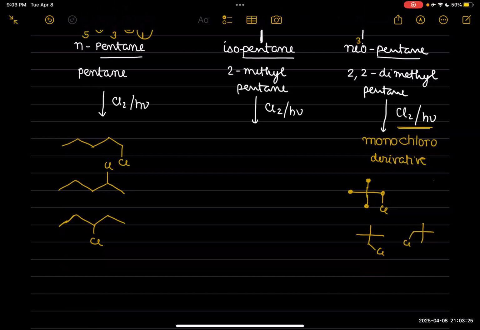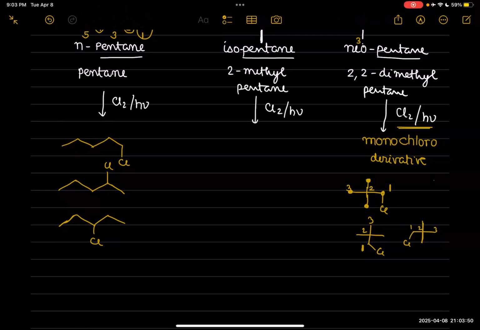Same IUPAC name, because I am going to start the numbering from the carbon atom containing Cl: 1, 2 and 3. So this is 1-chloro-2,2-dimethyl propane, in every case. Are you getting my point? So they are all one.